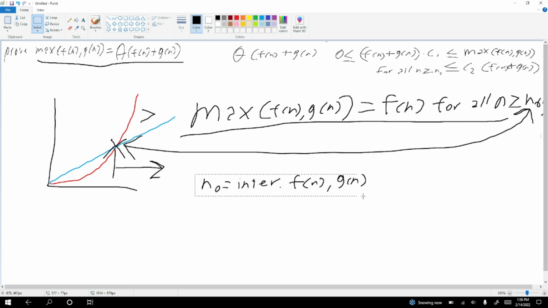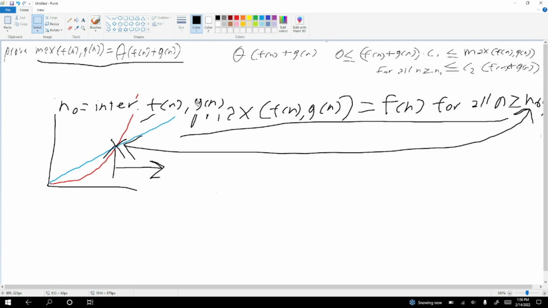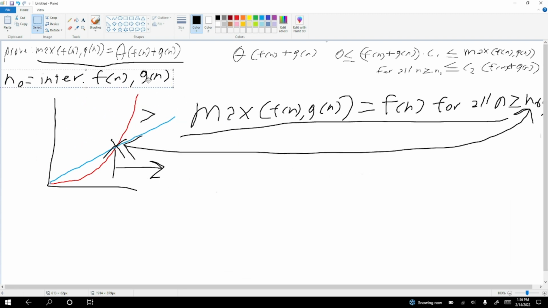So let's put this right below here. Maybe shrink it down a little bit. Alright, so we've picked our n0. That's a useful n0. It's at the intersection of these. I might keep this graph around. It's kind of nice to see.